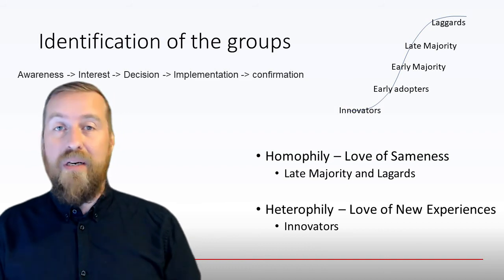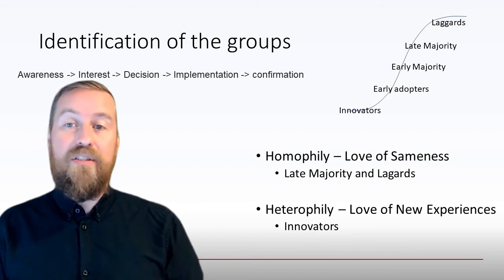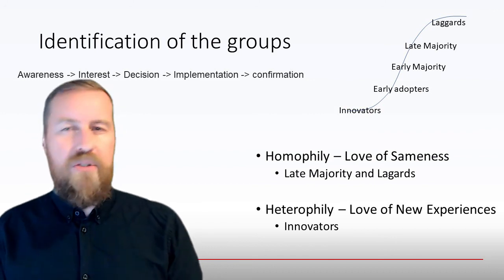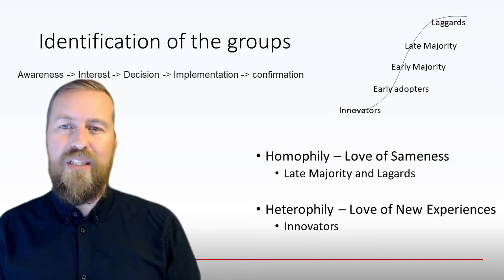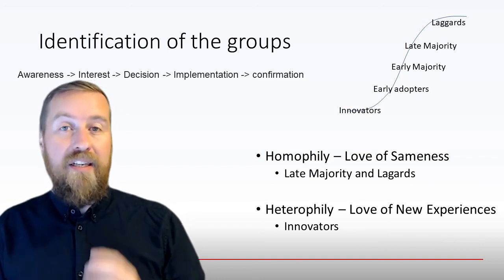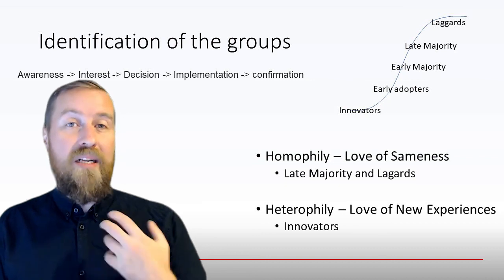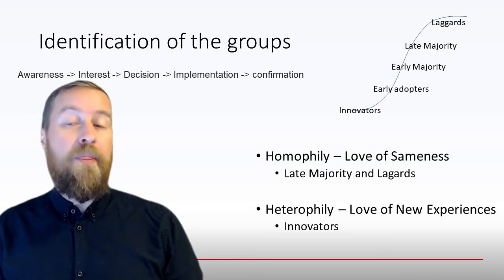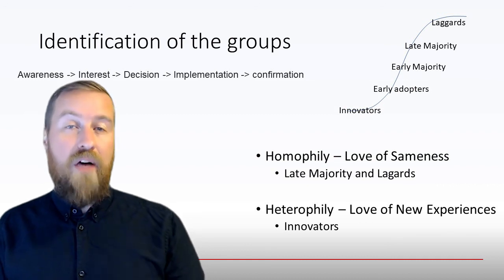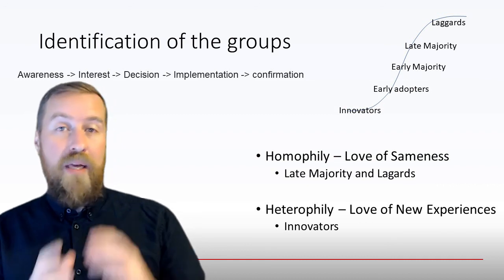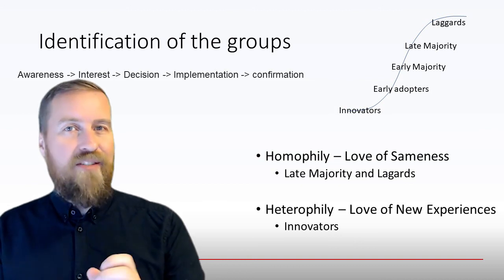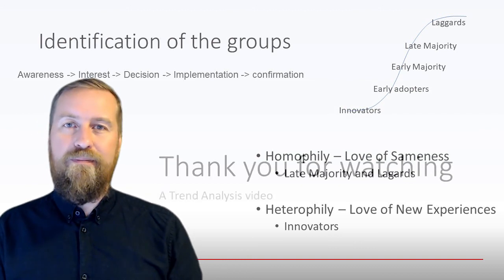Whereas my son loves new experience and is a classic innovator, or to some extent early majority. He loves new experiences and is therefore possible to identify as one of them. So an innovator or an early adopter loving new experience, being aware of something or interested in something, there we have something that we can pinpoint.